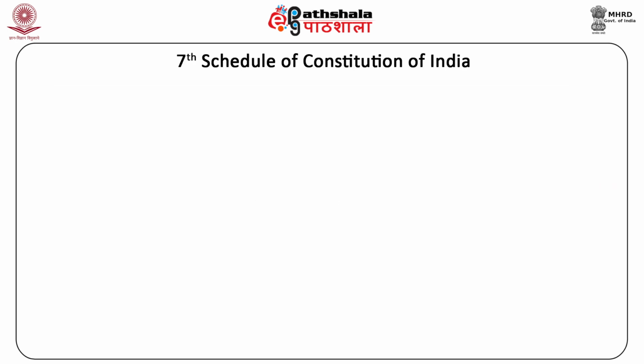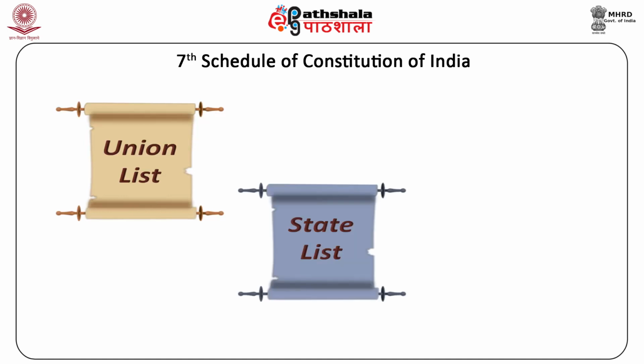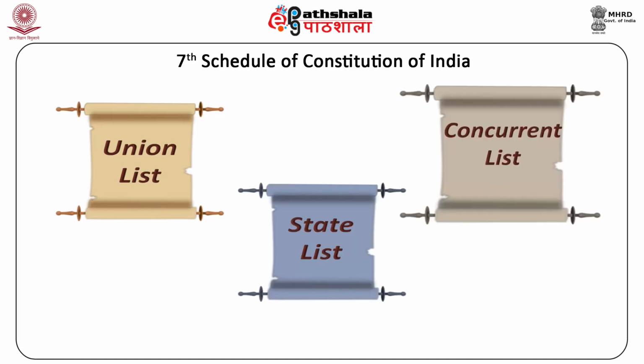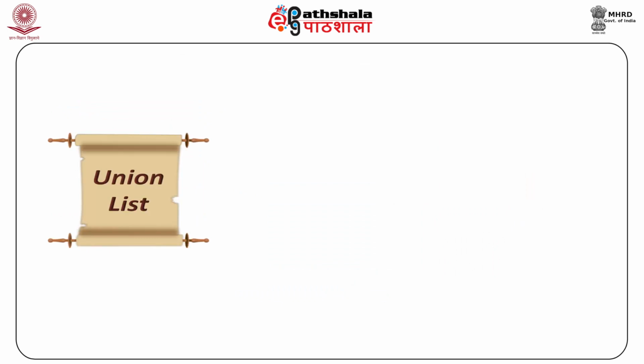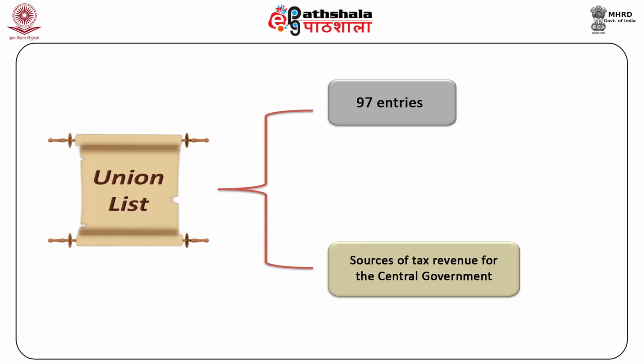The seventh schedule of the Constitution of India lays down the respective functions and financial resources for the center and the states in the country. It consists of three lists: 1. Union list, 2. State list, 3. Concurrent list. The Union list, which consists of 97 entries, contains sources of tax revenue for the central government.